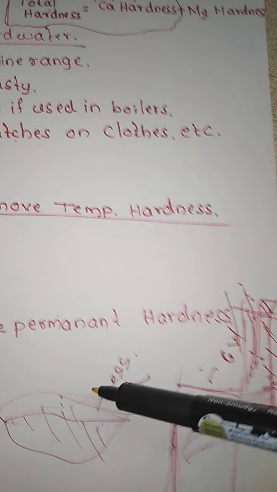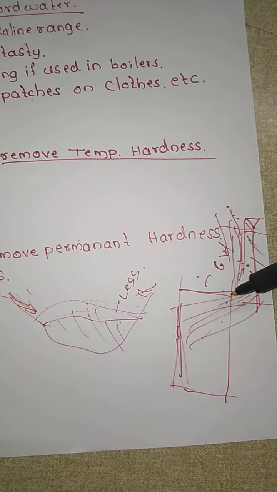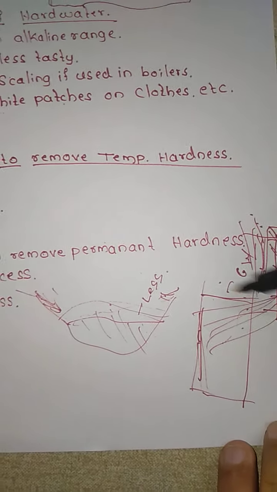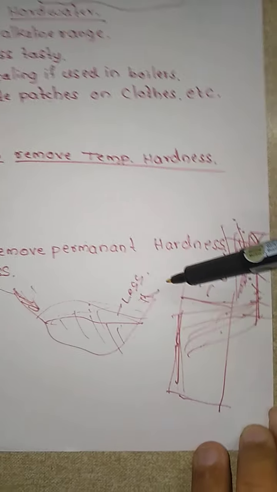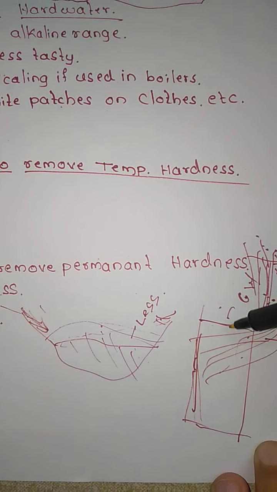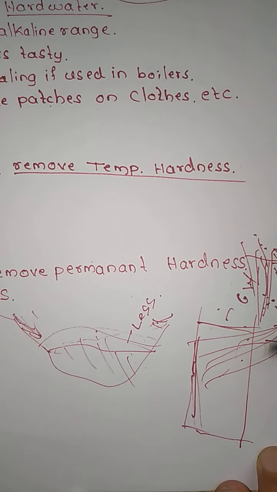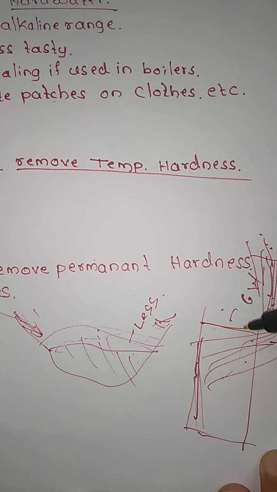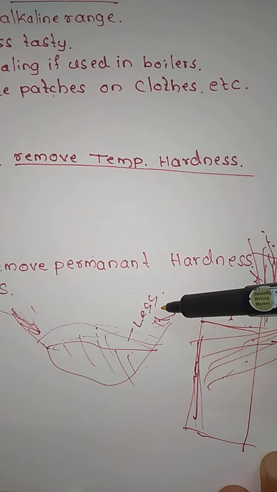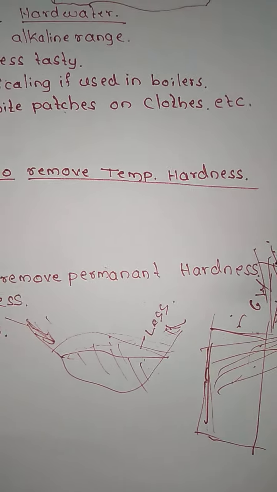So compared to your surface source, your groundwater source will have somewhat more hardness. But again it depends on the type of soil present in that area. So you need to remember that groundwater will normally be harder than surface water, but again it depends on the soil wherever you have these water sources.